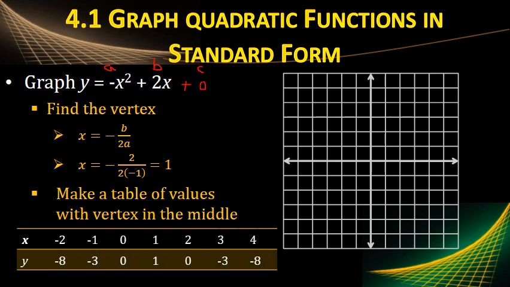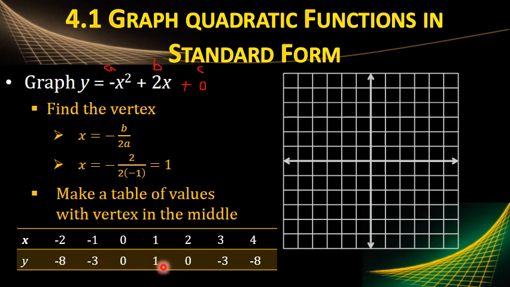So here's my table. I got it off a calculator. Notice I let the middle be x is 1, which is my vertex. That's my vertex there. And then I pick numbers on both sides.